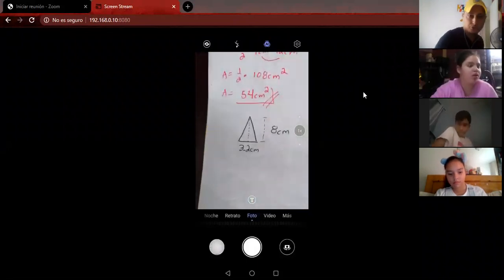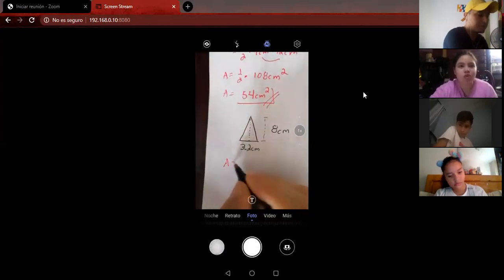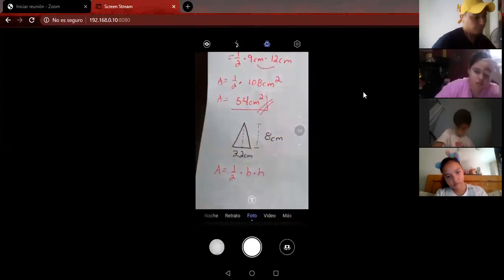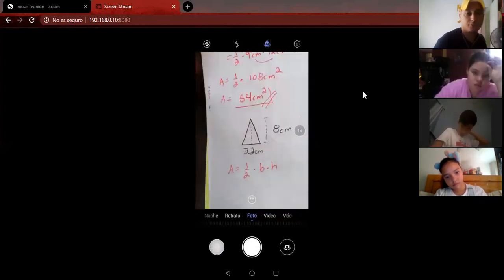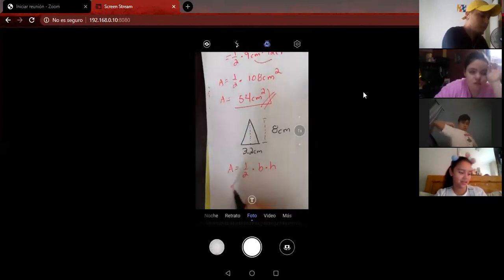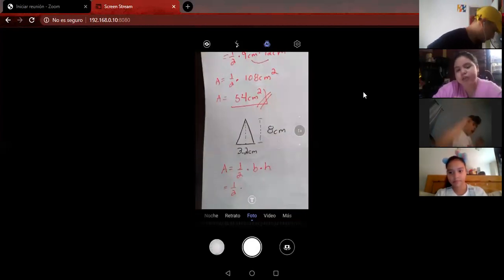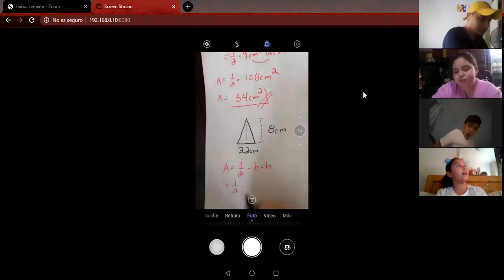I have 3.2, 8 centimeters. Once again, lo primerito que voy a hacer es escribir ¿qué? The first thing I have to do is to write my formula, always. Okay, now, Anna, which is my base? 3.2 centimeters, good job.